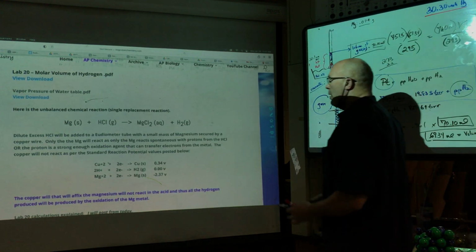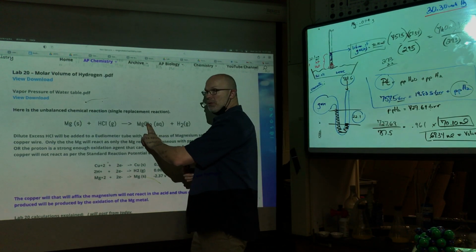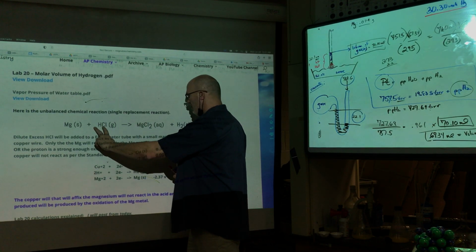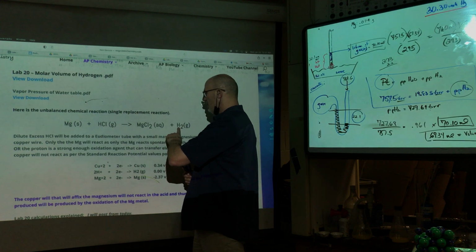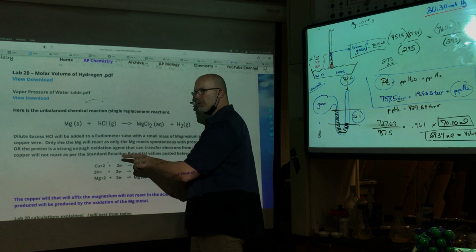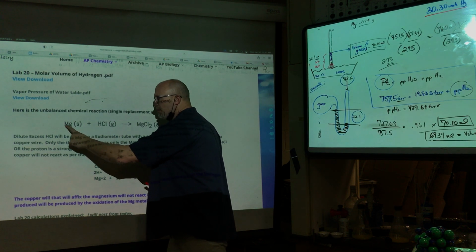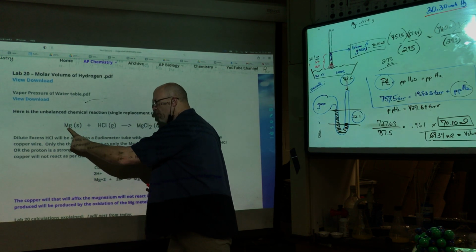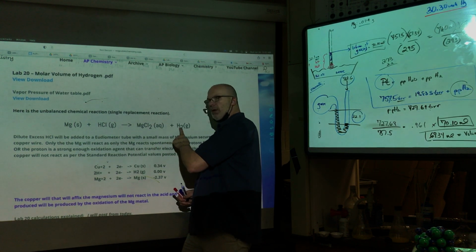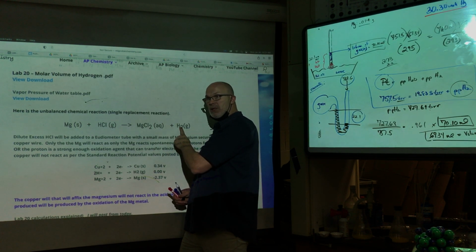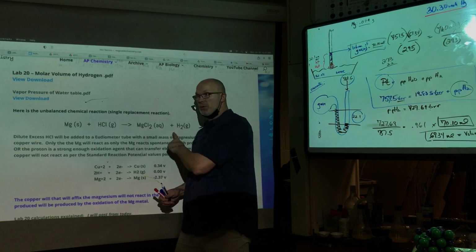When you balance this equation, 2 chlorines, put a 2 here, 2 chlorines, okay? That gives you 2 H's. 2 H's are here, it's balanced. So when you balance this, there's a 2 here only. The same number of moles of magnesium should give you the same moles of hydrogen. Take your grams of magnesium and convert to moles.